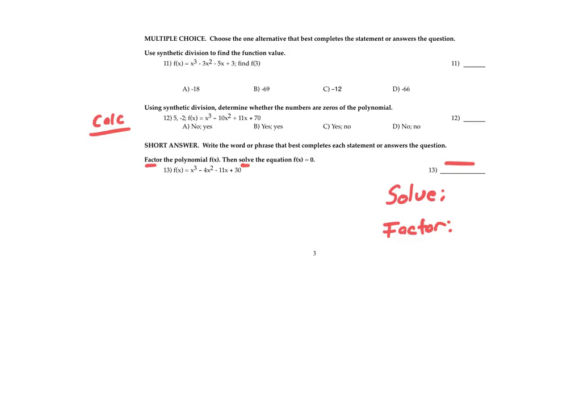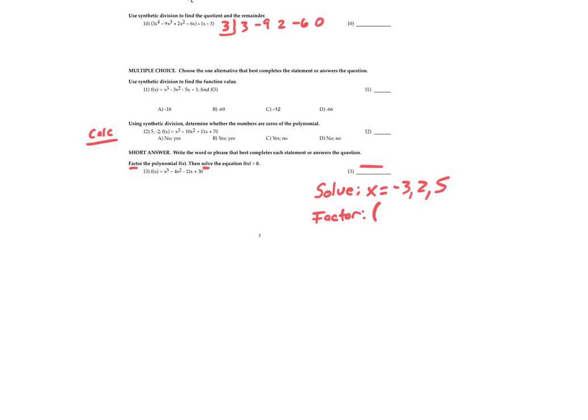Put it into your y. Your zeros here would be -3, 2, and 5. So then the factors would be the opposite at each one of those.